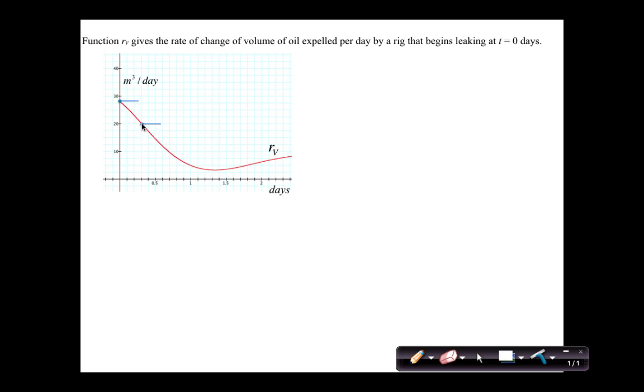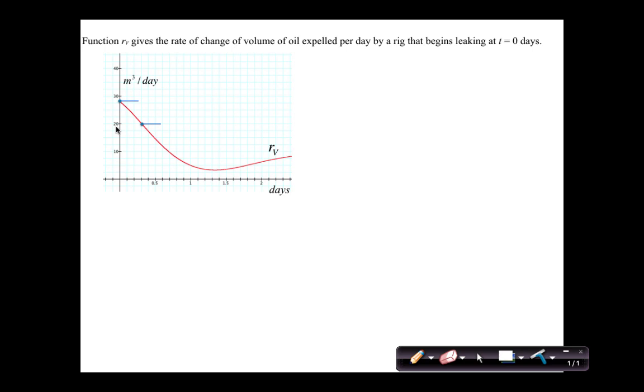And then I readjust, and at time 0.3, I'm going to say, oh, well, by the time I'm at 0.3 days into this oil spill, the rate at which the oil's leaking is around 20 cubic meters per day. So let's use that for a little bit. And a little bit that's long enough for us to physically draw this would maybe, I'll just use this 0.3 again.